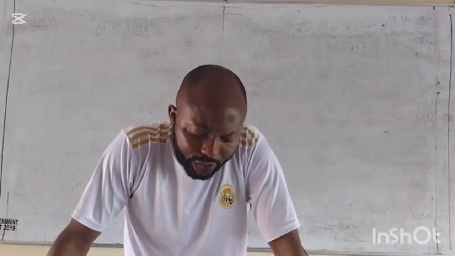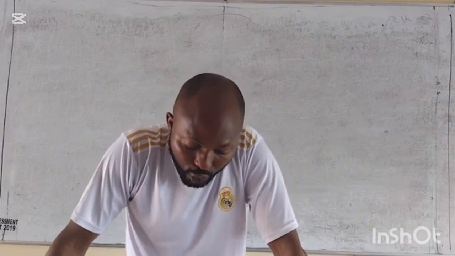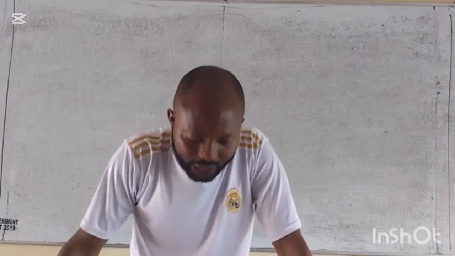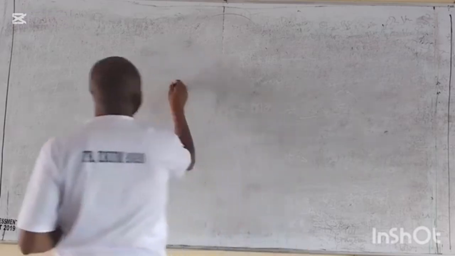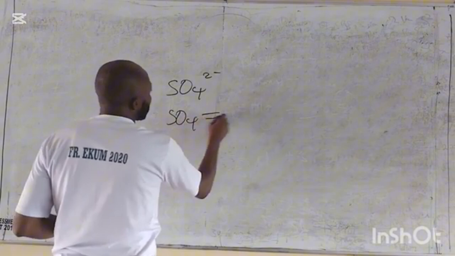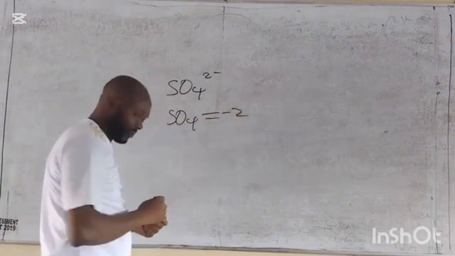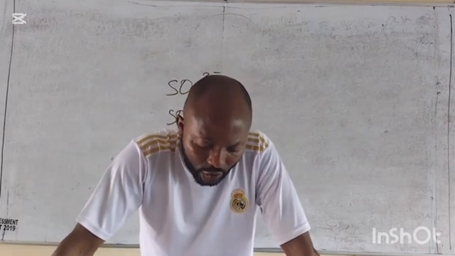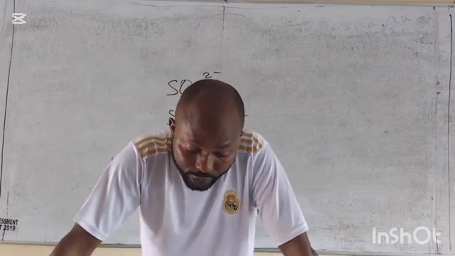Number 4: the algebraic sum of the oxidation numbers of all the atoms in an ion is equal to the overall charge of the ion. That is, the SO4 2- I just gave you: SO4 is equal to -2, the overall charge. Number 5: the algebraic sum of the oxidation numbers of all the atoms in a neutral compound is 0.